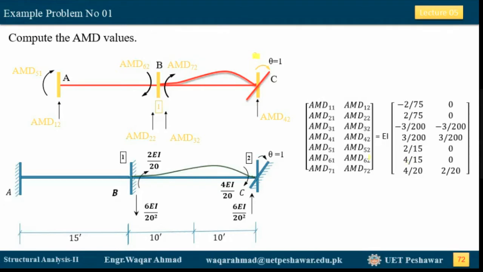Okay. What is AMD11? AMD11 means the value of the fixed induction corresponding to the AM1 location. Now this one is not showing coordinates 1 or 2. No, it is not showing 1 or 2.